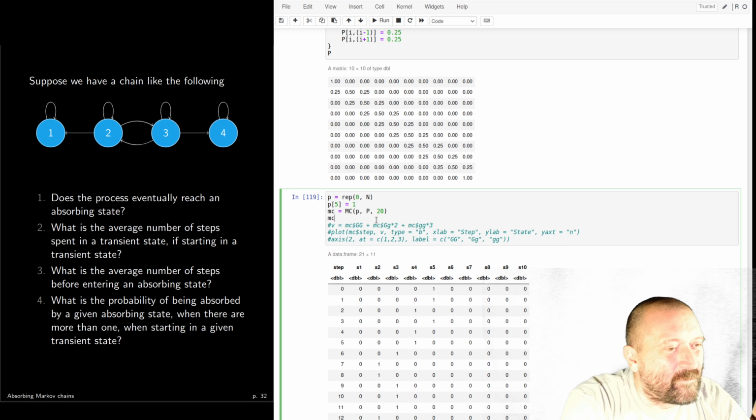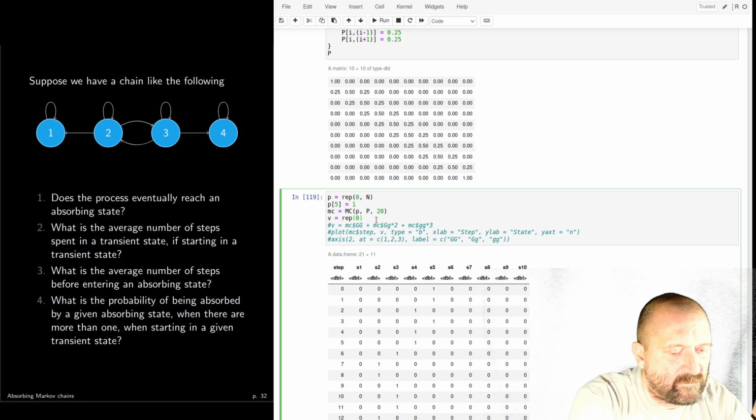So maybe what I could say is that V is equal to, let's start with V equals a vector that has only zeros. So how am I going to do this? I'm going to repeat 0 how many times? 20 times, because I have 20 time steps.